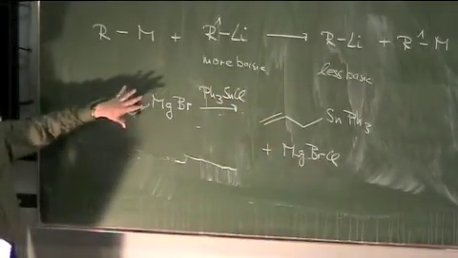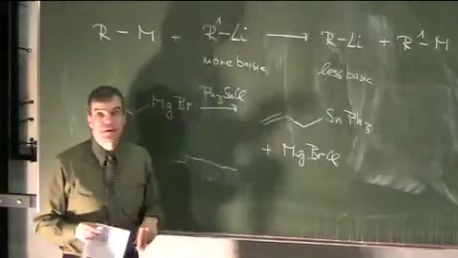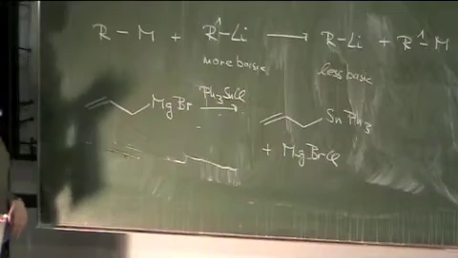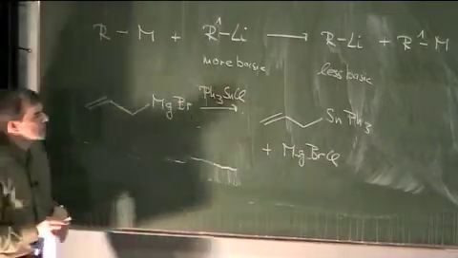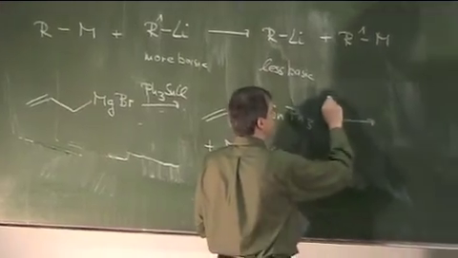You go from the more basic Grignard reagent here to a less basic, more covalently bound tin compound. So this is pretty much in line.